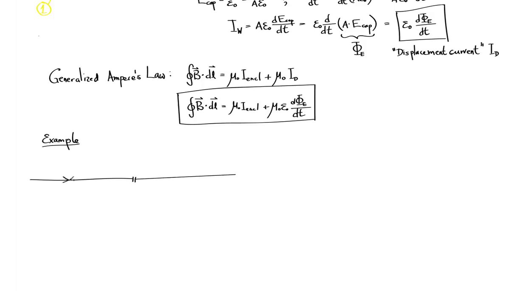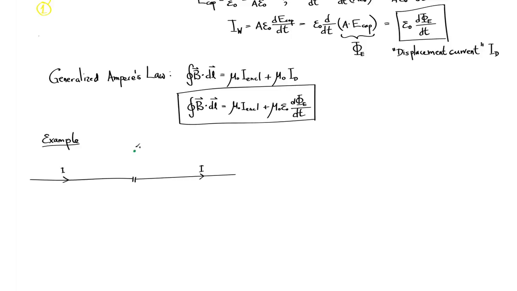We have some current that is flowing through the wire, and there's a capacitor somewhere in the middle. But imagine we are very, very far away from this wire. There's a little tiny capacitor there, but we're so far away you don't even notice it's there. So for all intents and purposes, it just looks like an infinite wire.